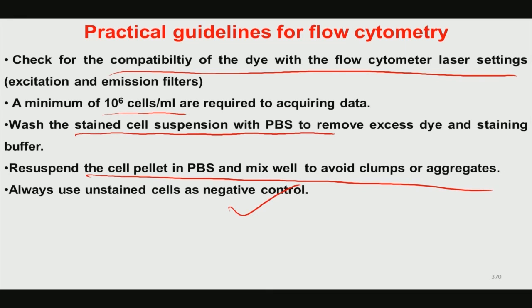It is recommended to always use unstained cells as the negative control in FACS analysis. And the other thing I have mentioned is that these dyes are different for the different aspects of the cell fate processes that you would like to study.